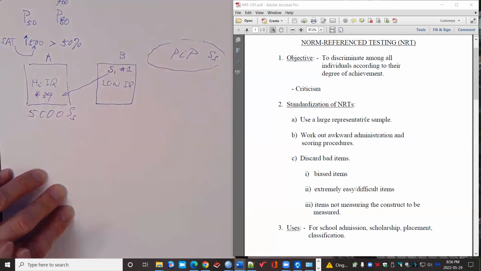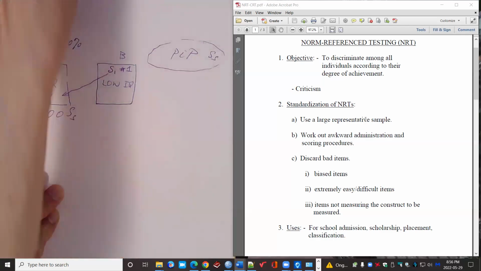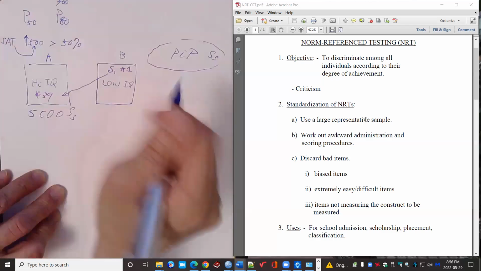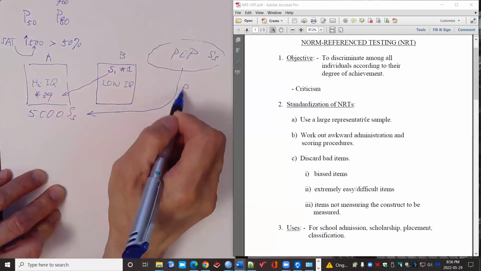Who will take this norm reference test, or the standardized test? Then we randomly, remember the word random, select 5,000 subjects.